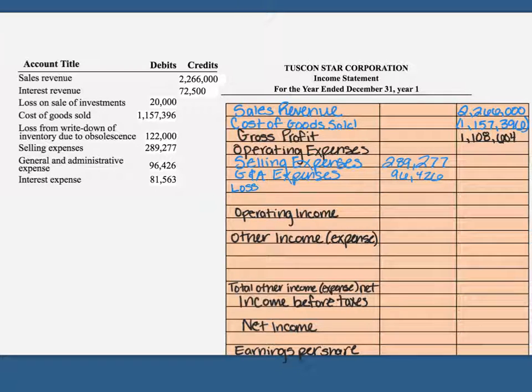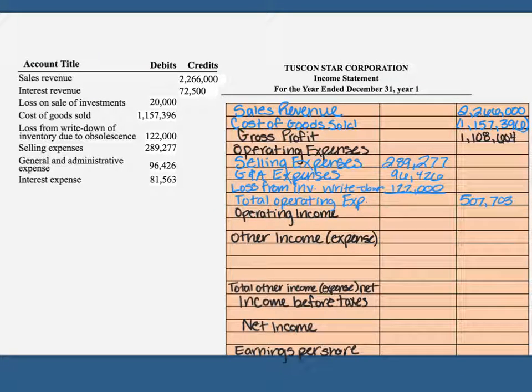So loss from inventory write-down, and that's going to be for $122,000. If we sum all those up, we get total operating expenses, and that number is going to be $507,703.